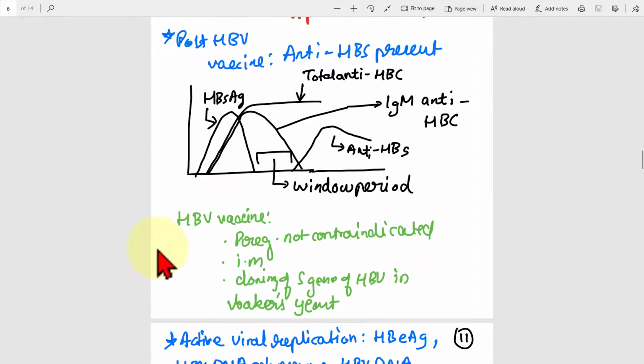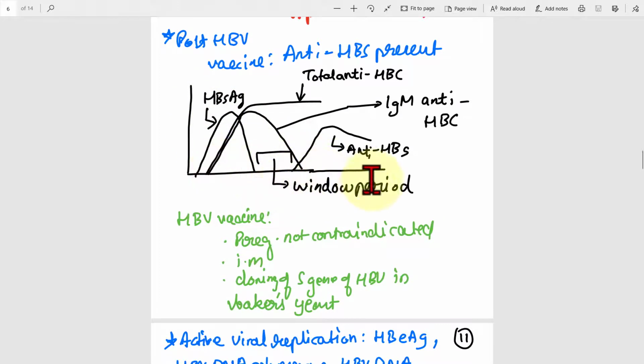Now moving on to post hepatitis B vaccine, that is anti-HBs is present. And this is a small graphical representation of the markers that will be present. So you can see this is HBsAg. It appears first and disappears first.